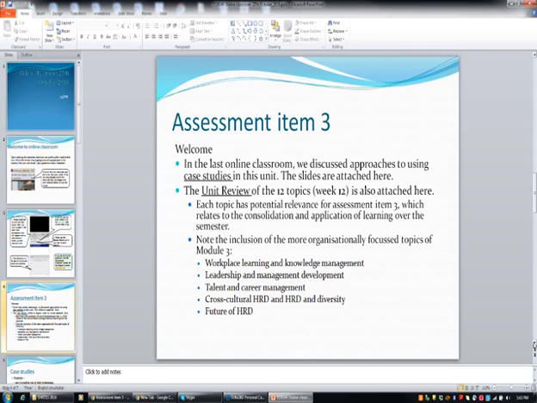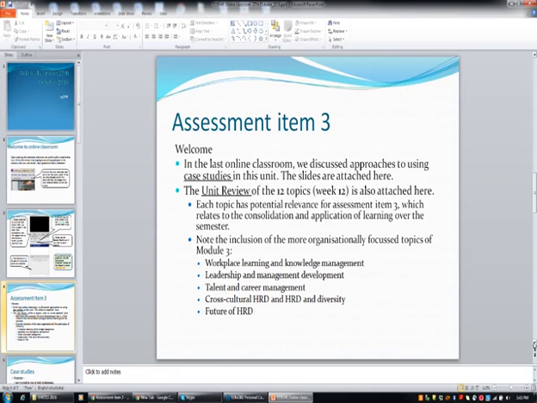The idea of assessment item 3 is that it consolidates and helps you to apply the learning over the semester. As you know, modules 1 and 2 have been addressed in assessment items 1 and 2, and now we are also including module 3 topics, which are much more organisationally focused and therefore suitable for your case study assessment.